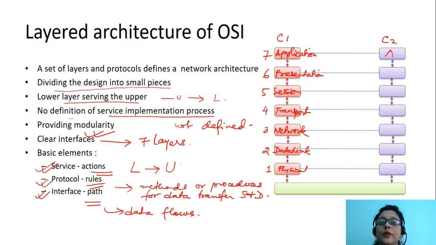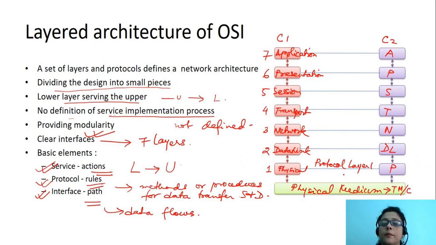Here also we have application layer, presentation layer, session layer, transport layer, network layer, data link layer and the physical layer. Now, the physical layer is directly connected to the physical medium. This is the transmission medium or the channel through which the data moves. Now, this physical layer of computer 1 has a protocol to be followed for layer 1.